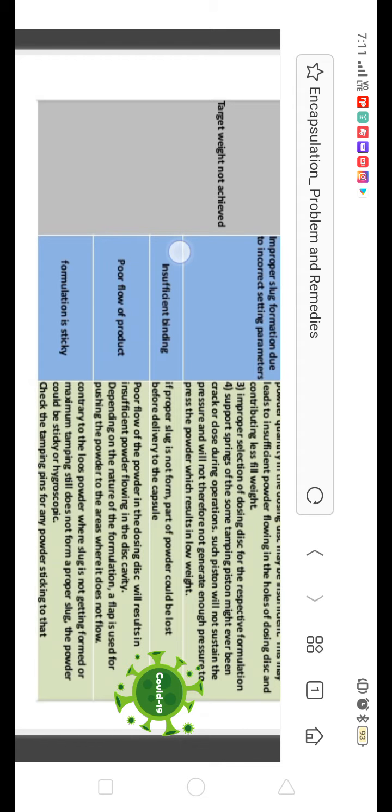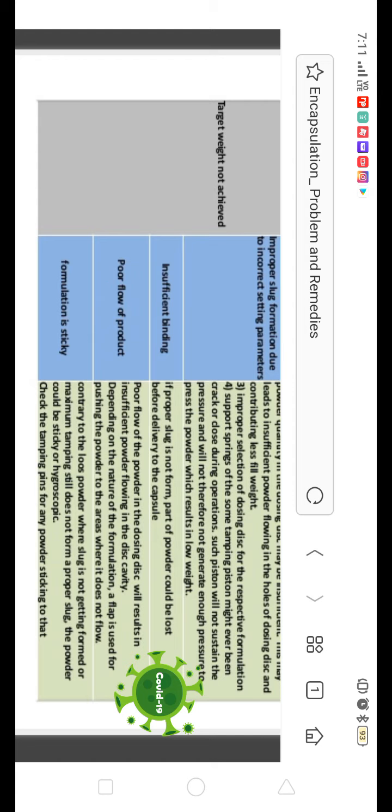So depending upon the nature of the formulation and its property, we have to improve the flow of the material and then go for filling into the hopper. If the formulation is sticky, sometimes, contrary to the loss of powder when the slug is not getting formed, we have to apply more pressure, and the powder could be sticky or hygroscopic.